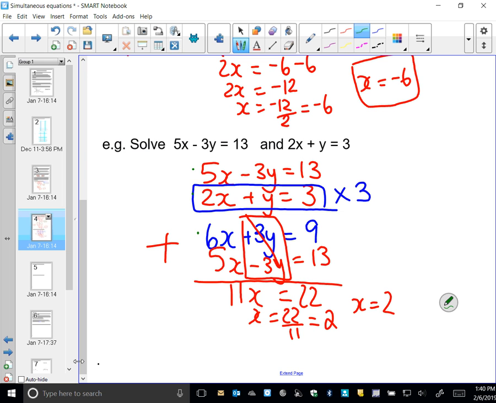My inclination, which one do you think my inclination would be to substitute? 1, 2, or 3? Mine would be the 2. The reason I would choose this one is because I need to find the value of y, and so this already has just y on its own.